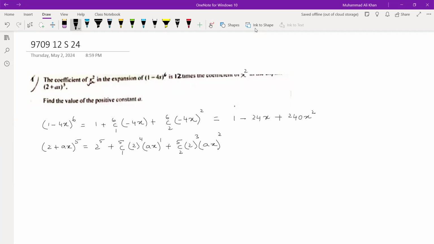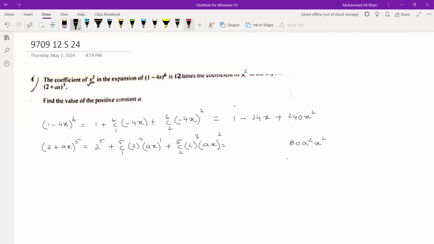We need the coefficient of x squared only, so I am just writing the third term result here after the equal to sign. So it will be 5C2 multiplied by 2 cube is 8. 80. This will be 80a squared x squared.